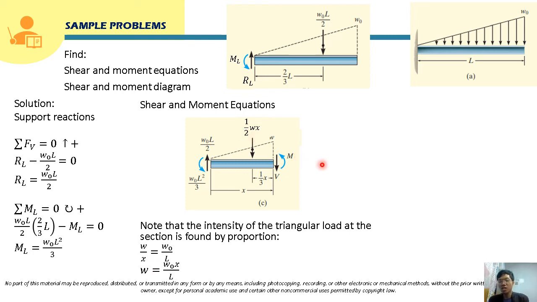Also class, take note that this equivalent concentrated load is 1/3 L from the left, from this tip of the triangle, or 2/3 L rather, or 2/3 X, since the distance here is X. So from this point up to the location of the point load, this is 2/3 X. But if you are going to measure that from here to here, this is 1/3 X. Again, we are going to establish the shear equation by using summation of forces vertical.